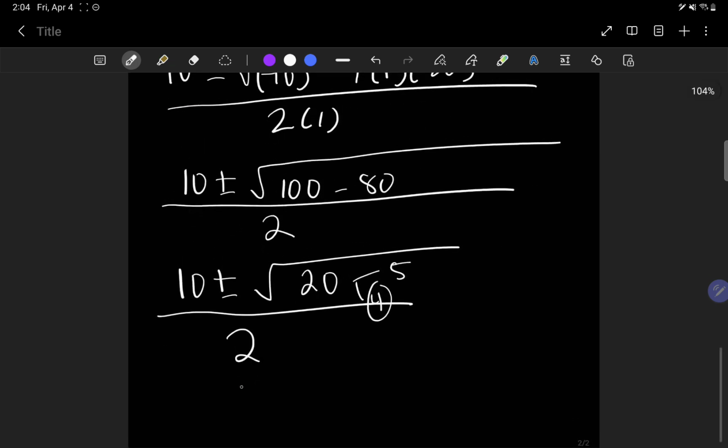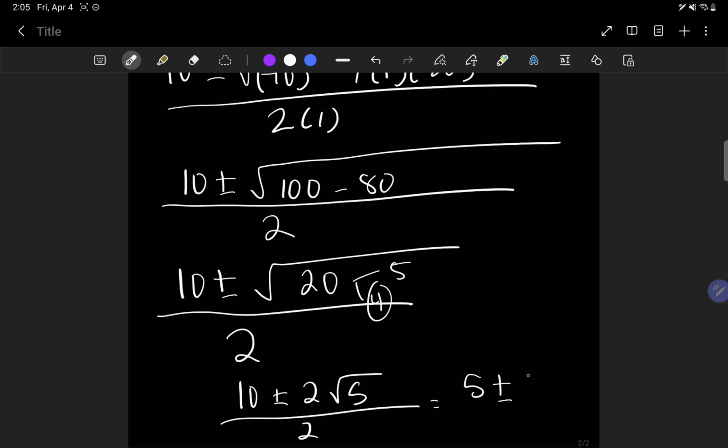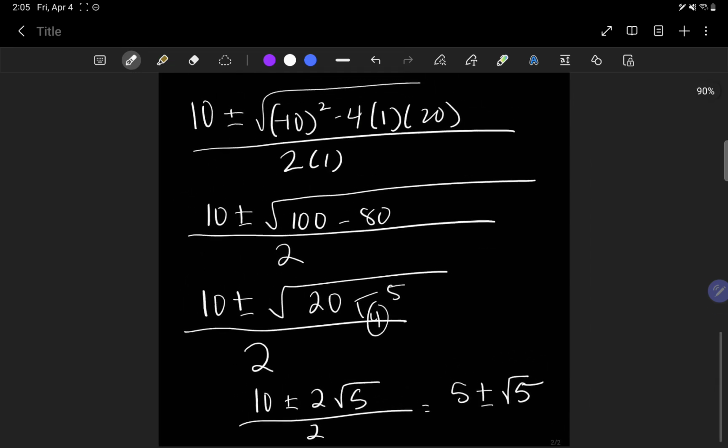I thought you were writing the letter F. So 2 root 5 all over 2, but all of those are divisible by 2. Woohoo! So 5 plus and minus root 5. Okay, great. So I get 2 answers.